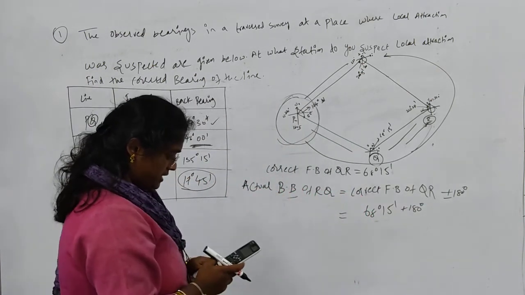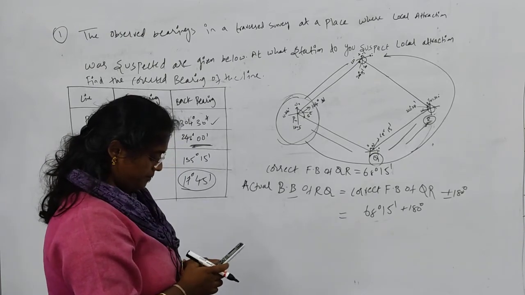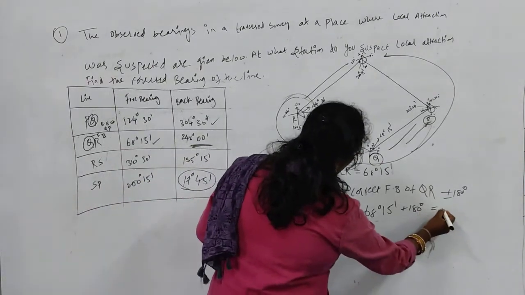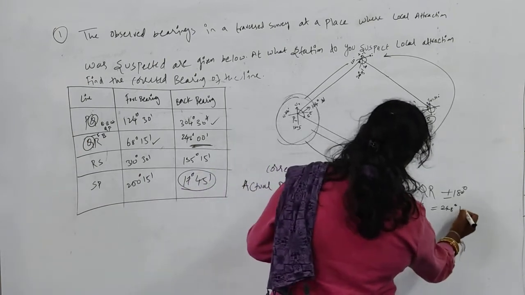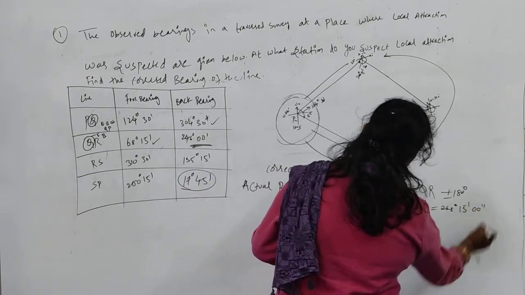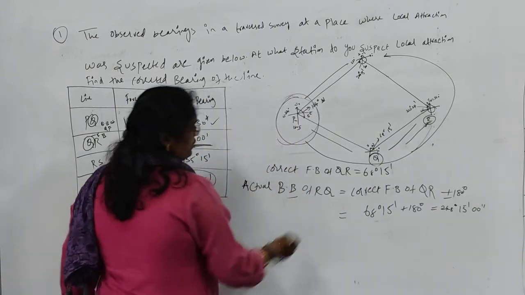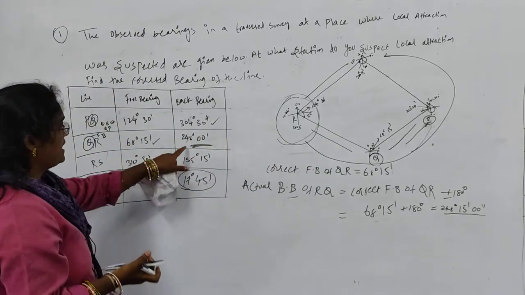So what will be the value here? 180 degrees plus 68 degrees 15 minutes, that will become 248 degrees 15 minutes 00 seconds. Now what we need to find out? We got the actual, but these are the observed.